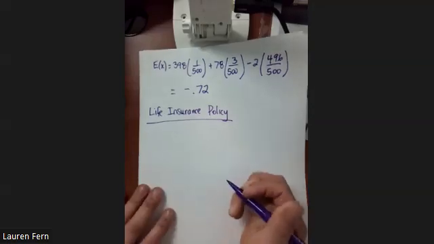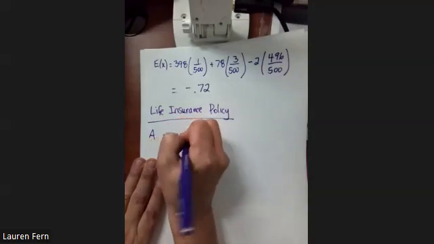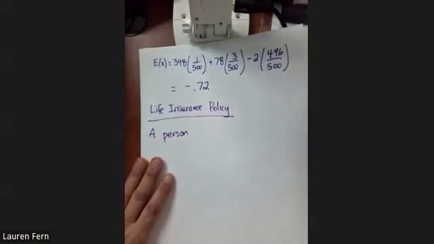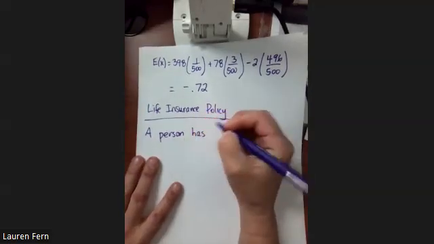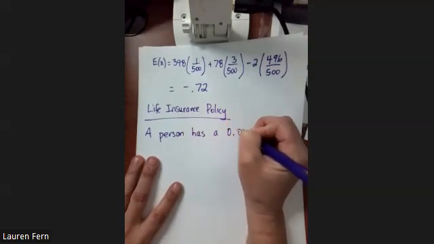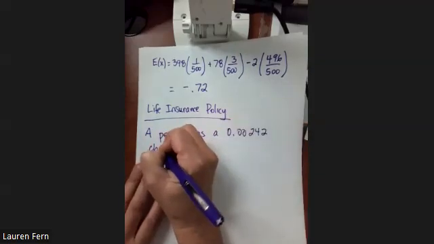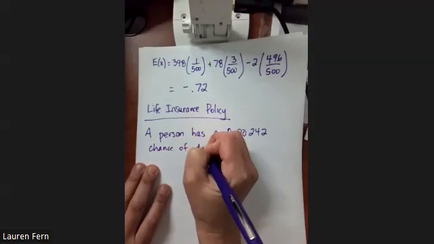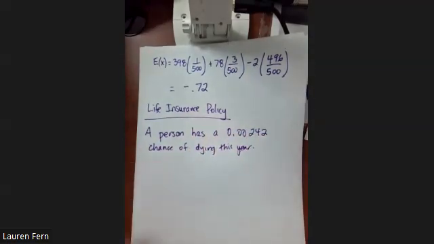Okay. So I'm going to do this problem, but I'm going to do it from a couple different perspectives. So suppose we find that a person has a 0.00242 chance of dying this year. And actuaries, who are statisticians who work for insurance companies, do all these computations.